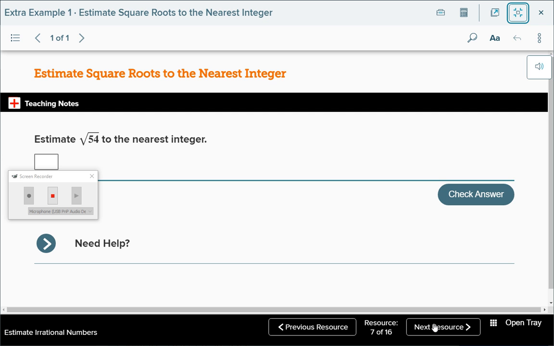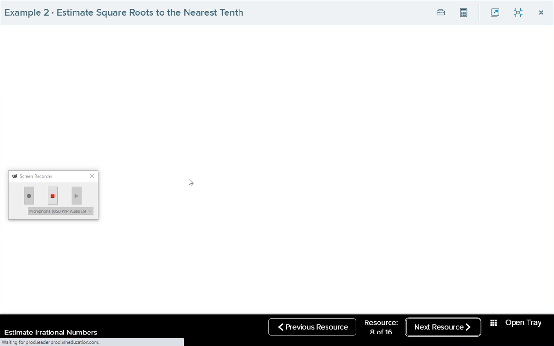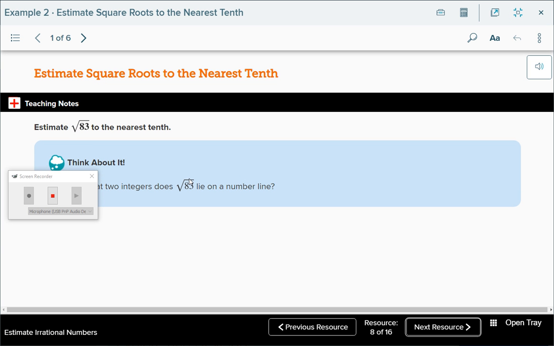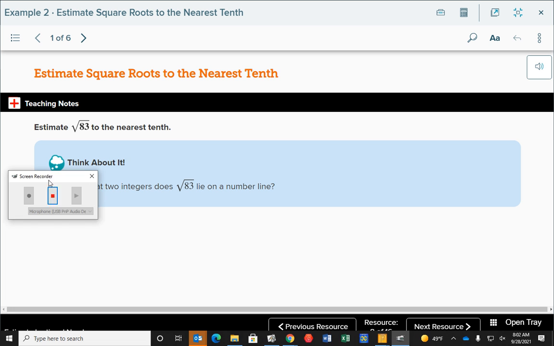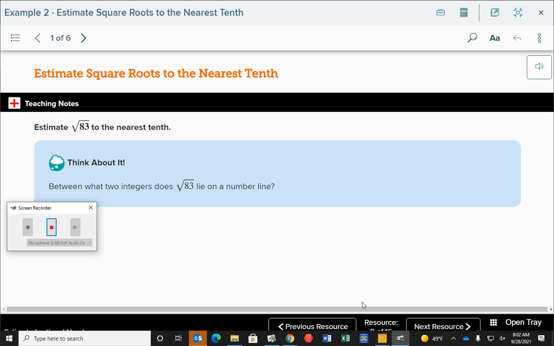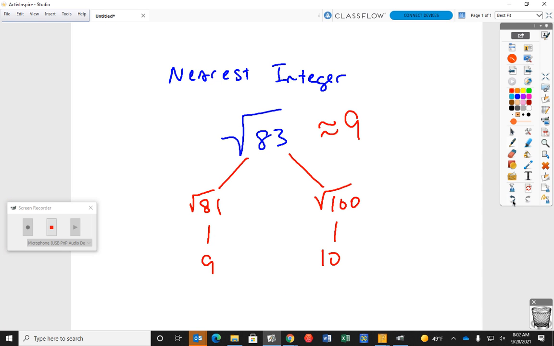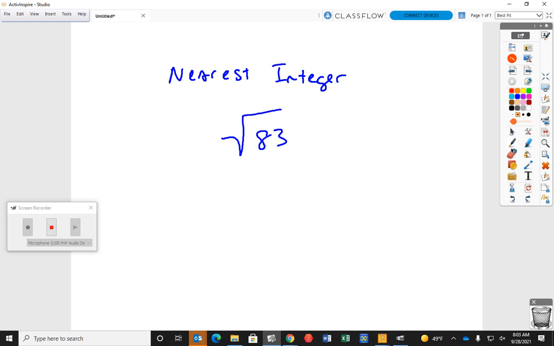All right, so next part, we're going to add a decimal to that. Nearest tenth. Let's go back to this one, and instead of the nearest integer, it now says the nearest tenth. Well, what does tenth mean? That means some number, point, and then some other number, one place.